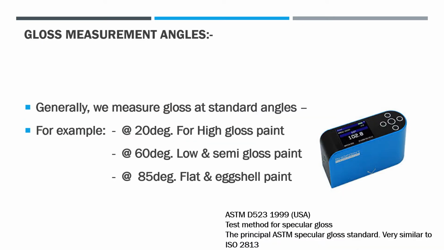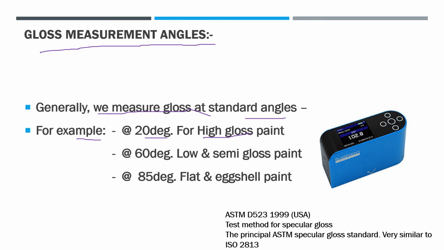Now, what are the gloss measurement angles? Generally there are a lot of angles available to measure gloss, but there are some standard angles at which we measure it. For example, at 20 degrees we check high gloss paints, meaning paints having a gloss level above 70.